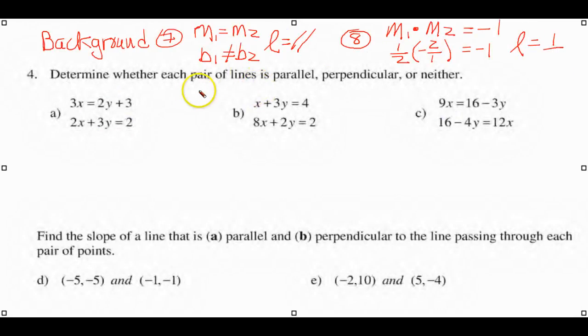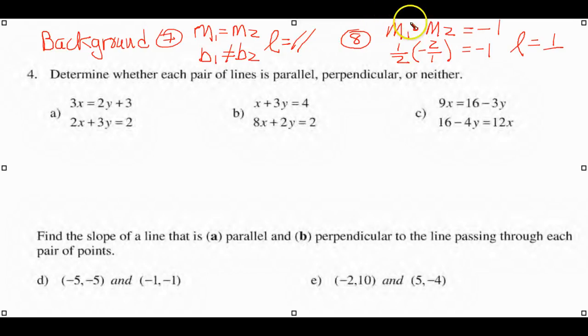A little background here, formula 7, or hint number 7. If the slopes are the same, but the y-intercepts are different, that is, they're not equal to each other, we say the lines are parallel. So the same slopes, different y-intercepts, lines are parallel.